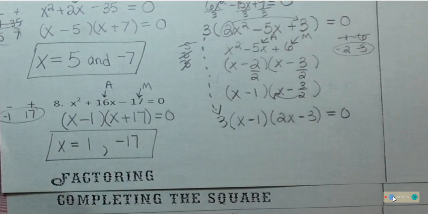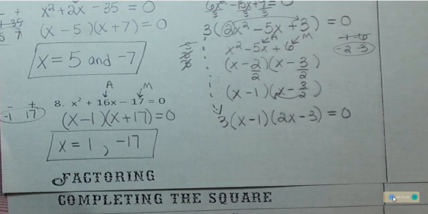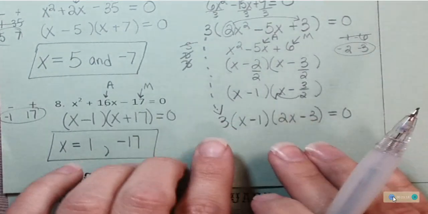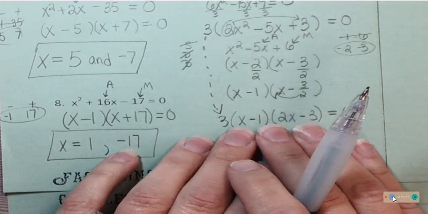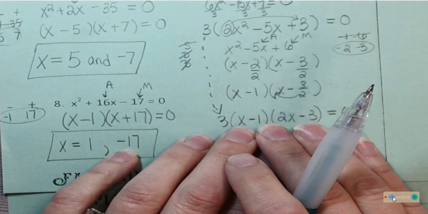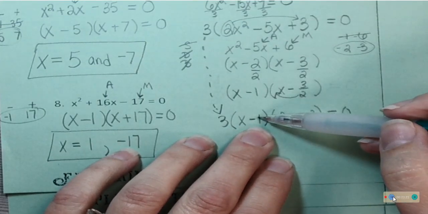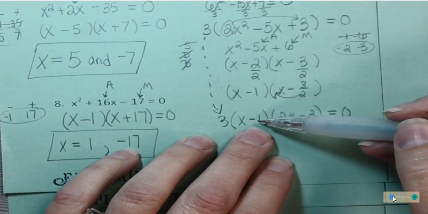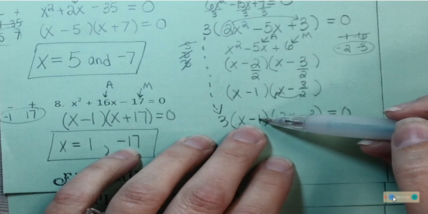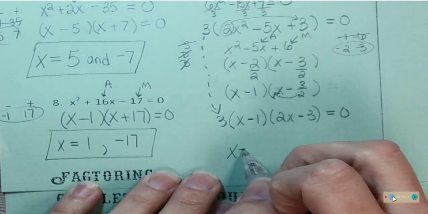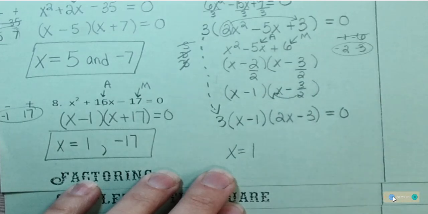All we've done so far is a lot of work. You have factored it. You have now put your answer in factored form. We've been taking a shortcut. You can take a shortcut right here and say, what's the opposite of negative 1? X would be positive 1.